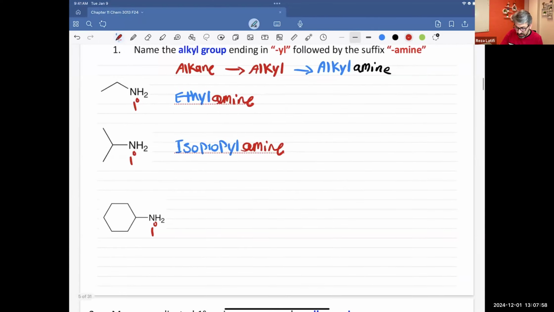Next one is cyclic, but it doesn't matter. We still turn it to the alkyl group. It is a cyclohexane, so I go cyclohexyl, and then I add amine to the end of the name.